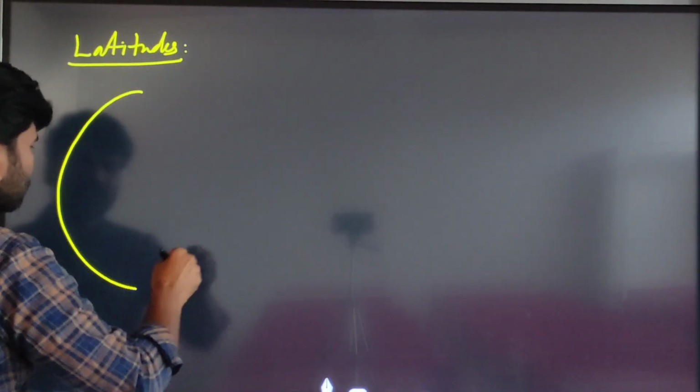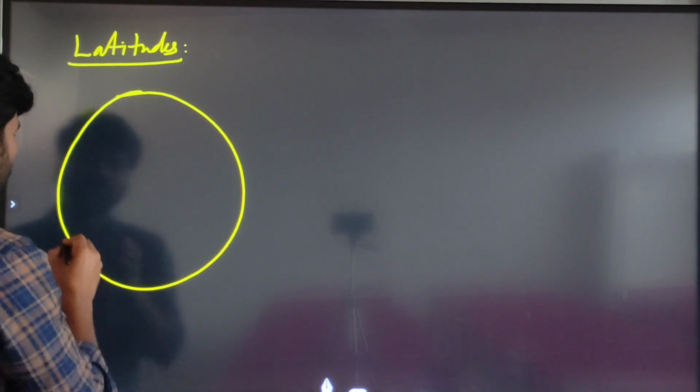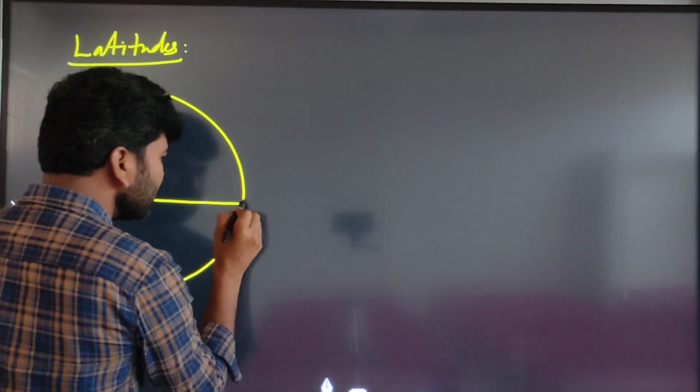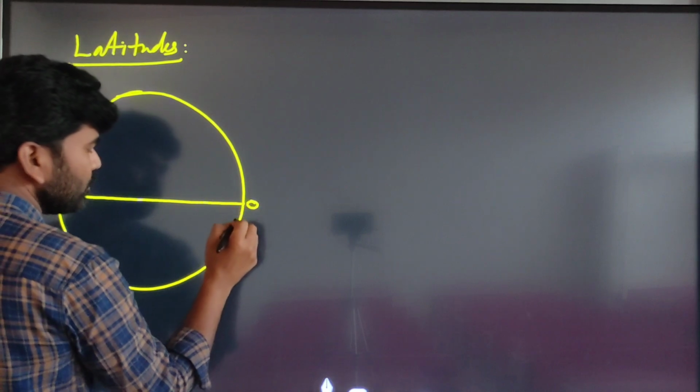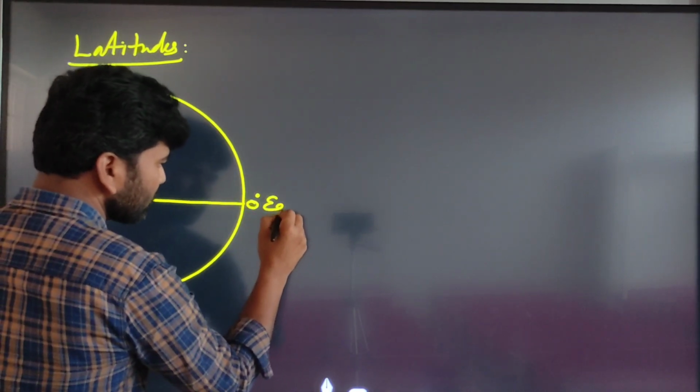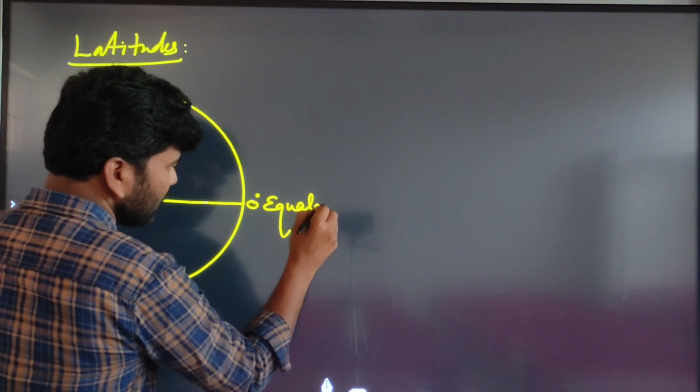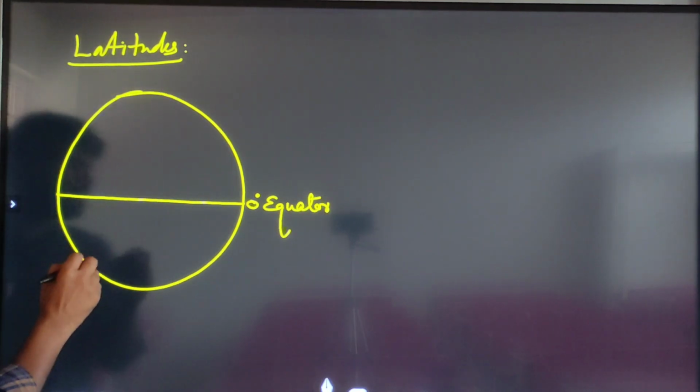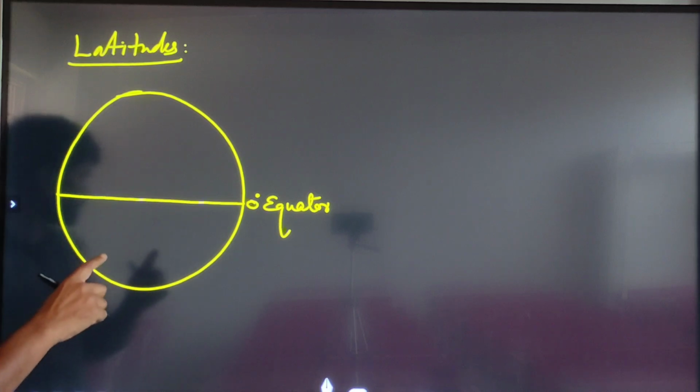Let's see. Just imagine this is the earth. Here is the 0 degree latitude, which is called the equator. This equator divides the earth into two parts.